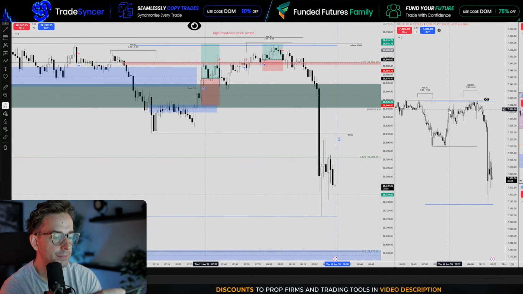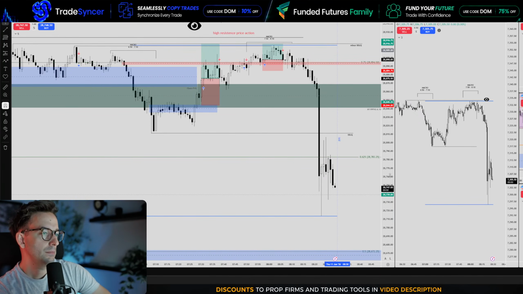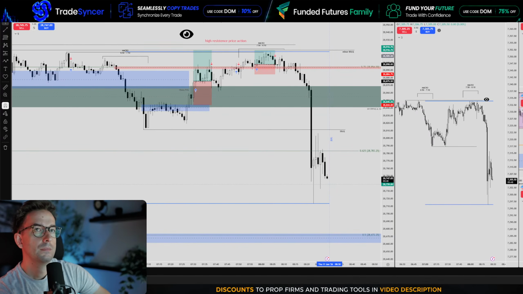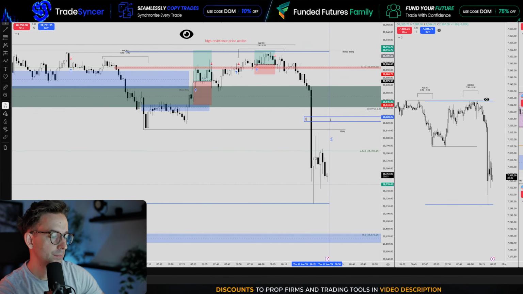Negative. So this is the Trump candle, bombing Iran.